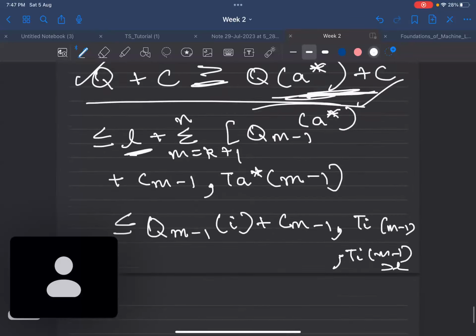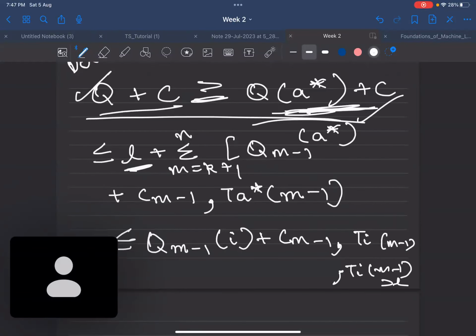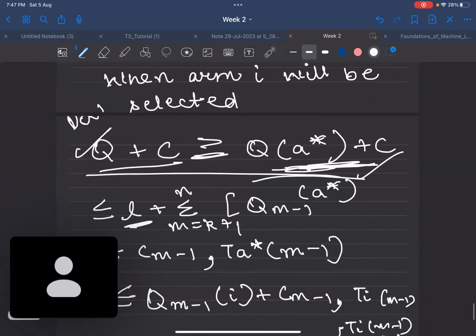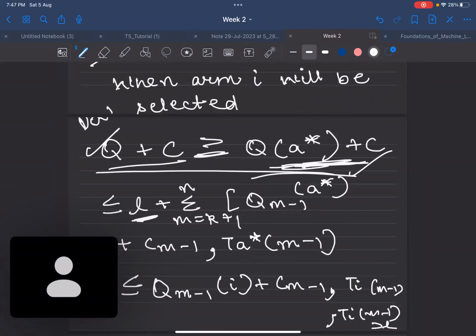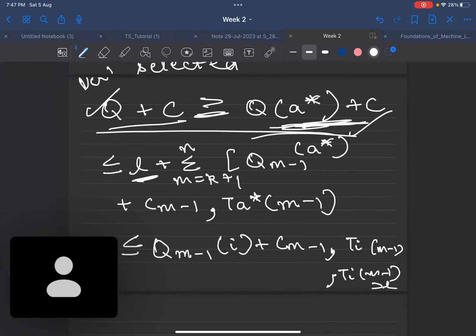And we check that Q plus C of I is greater than Q plus C of A star. If so, we'll pull this arm, otherwise we will not pull this arm. That is what this bracket means.